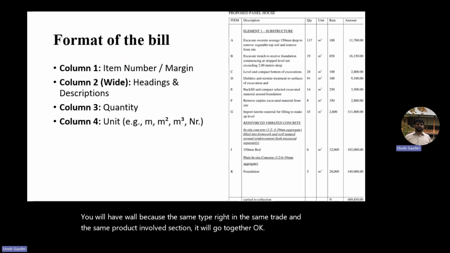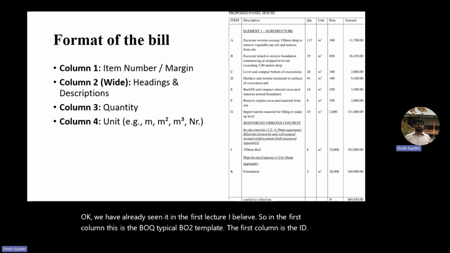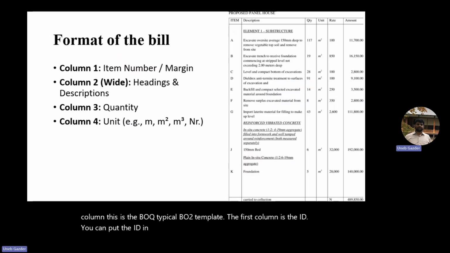We have already seen it in the first lecture, I believe. This is a typical BOQ template. The first column is the ID. You can put the ID in terms of item number 1, item number 2, or in terms of codes: A, B, C, and so on.